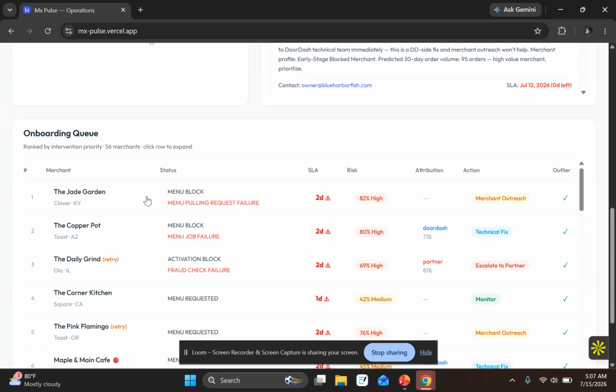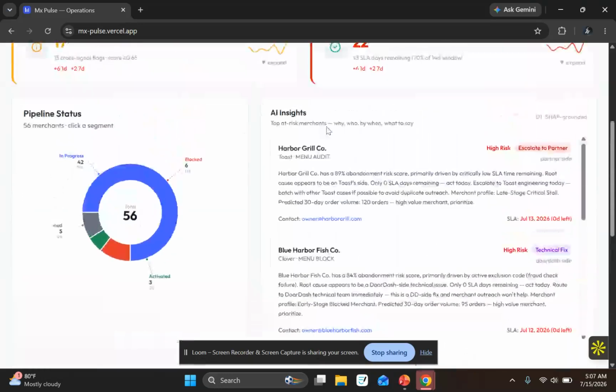But there is a shortcoming to this. What if the manager wants to consider several other factors along with the three defined here, that is the SLA breach days, the exclusion code severity, and the risk score? That's where the AI Insights panel comes in. What the AI Insights panel does is it weighs in on 9 different signals produced by the models and analyses and curates an ultimate list for the manager.